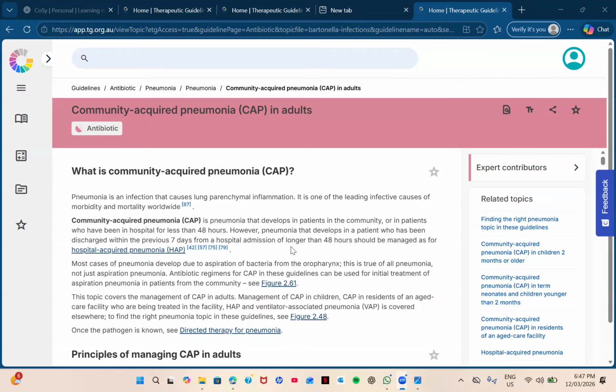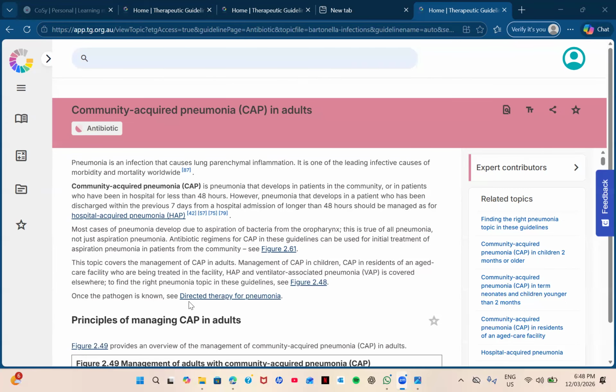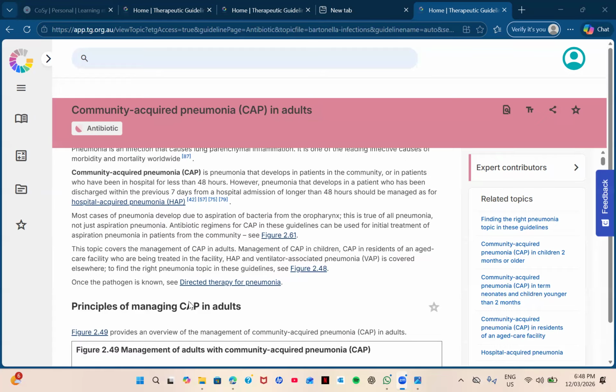However, pneumonia that develops in a patient who has been discharged within the previous 7 days from hospital admission, or after longer than 48 hours, we call hospital acquired pneumonia. You should know the difference.